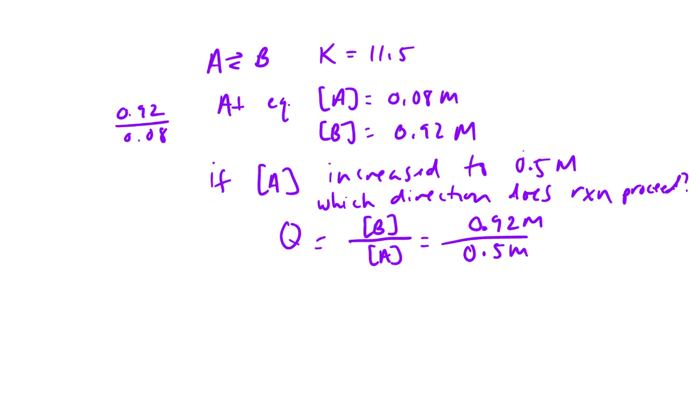And when we calculate Q, we're going to end up with a value of 1.84. And so when we compare Q to K, we're going to find that Q is less than K. And so what's going to happen to the reaction? Which way does it go to reach equilibrium? It's going to go towards the products.